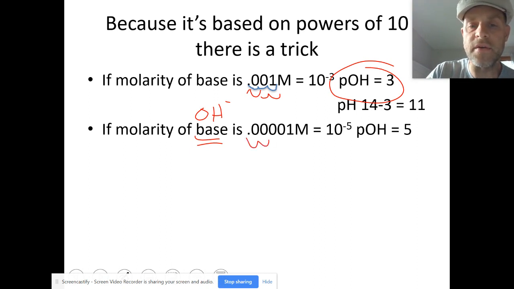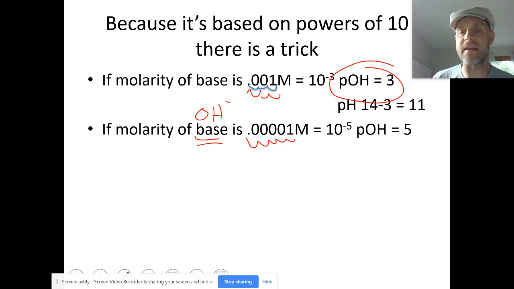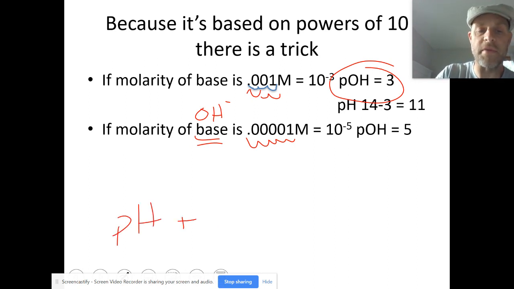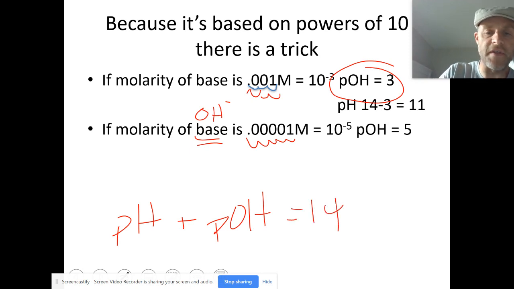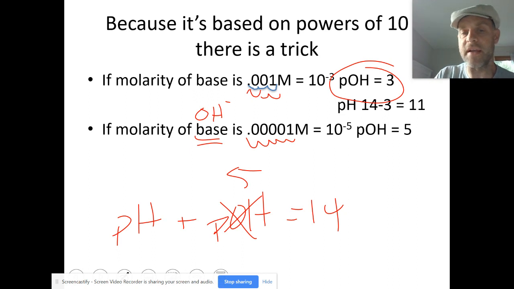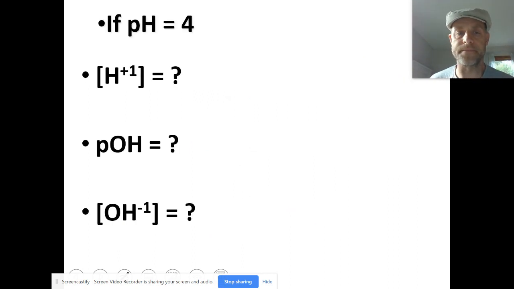Again, 1, 2, 3, 4, 5, so 10 to the negative 5, and pOH equals 5. Remember that first equation, pH plus pOH equals 14. If this one is 5, what plus 5 equals 14? 9.